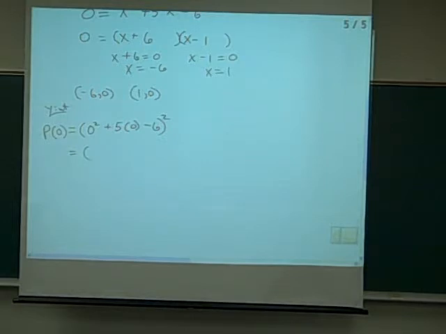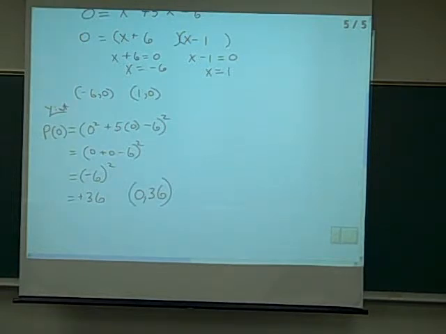So you're going to get 0 plus 0 minus 6 squared, right? So what you're going to end up with is a negative 6 squared. So you're actually going to end up with a positive 36. And so this will be 0, x is 0, y is 36.